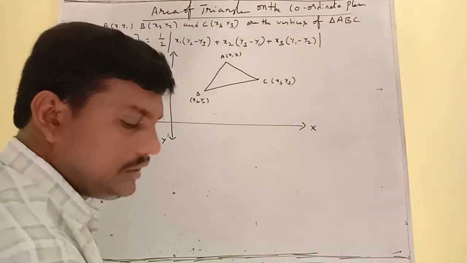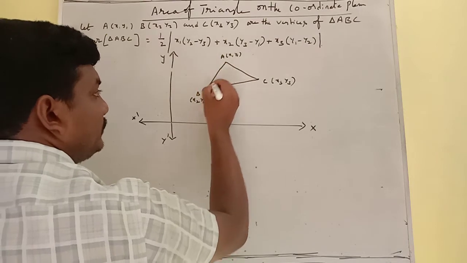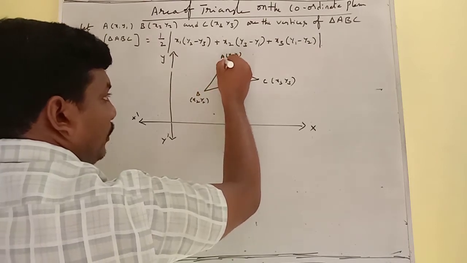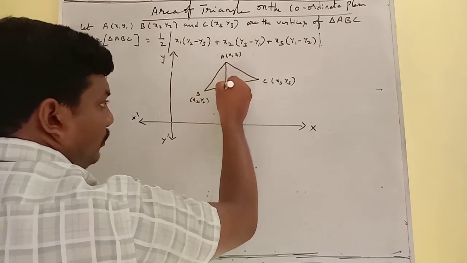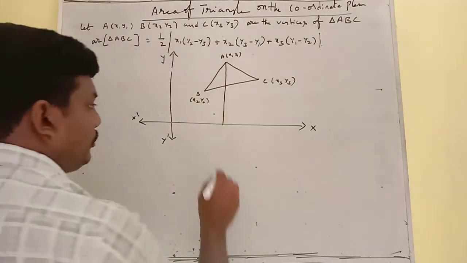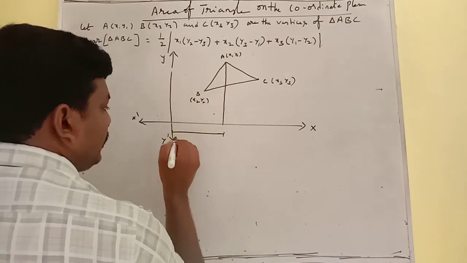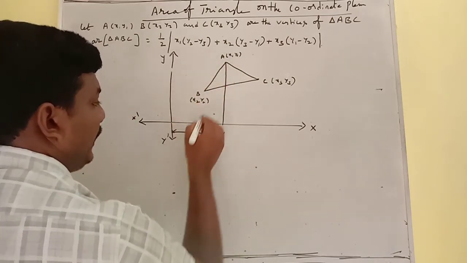So when you consider the Cartesian plane, now the projection of the point A onto the x-axis. What is the projection of the point? From here to here the distance is x1.